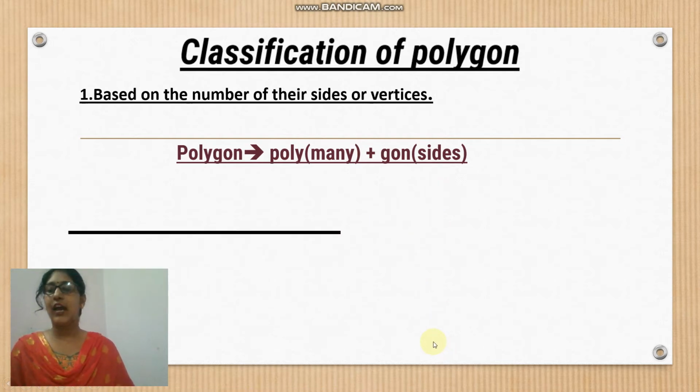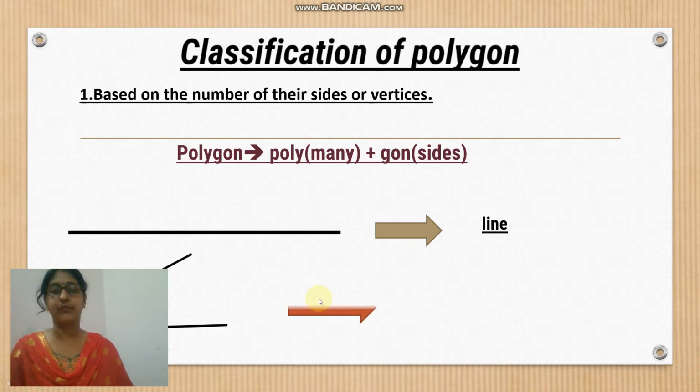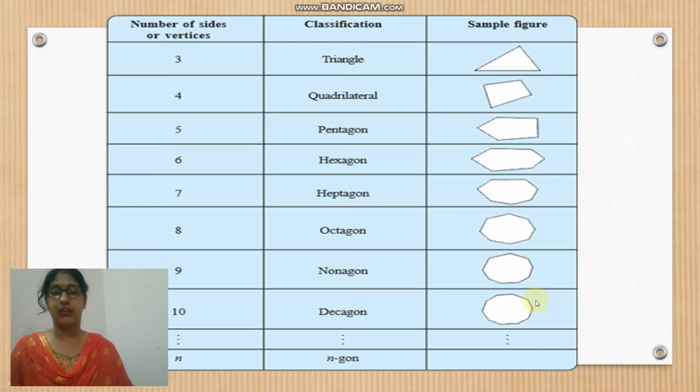With one side, we get a line, so it is not a polygon because we can't make a closed figure. Similarly, with two line segments we get a ray, which is also not a closed figure. So with one or two lines, we can't make any polygon.